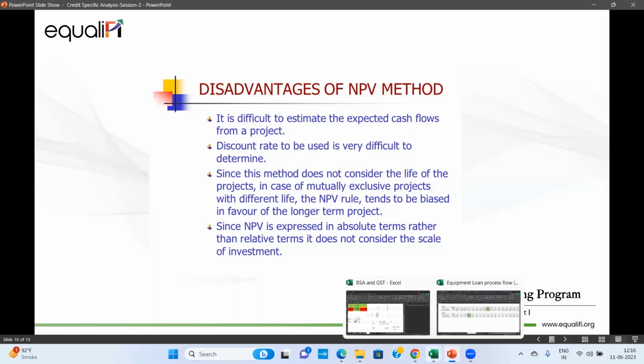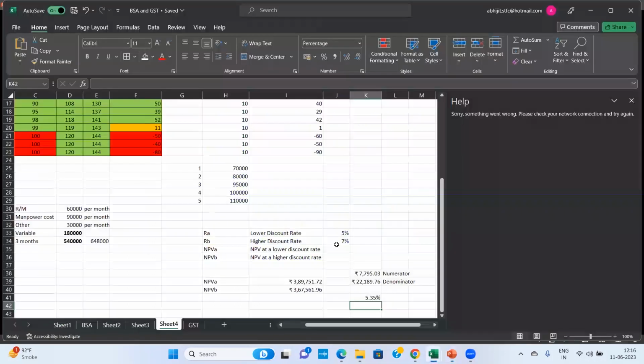It is because of more cash flows, higher cash flow, right? So if this continues for 15 years, then obviously my present value will be more because of a higher number of cash flows.